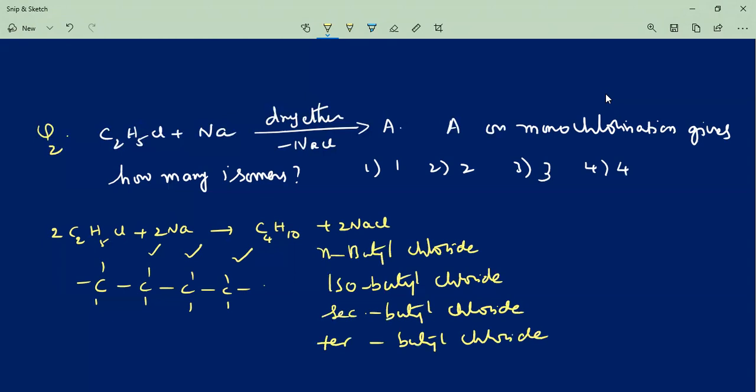So there are 4 possibilities. 4 is the right answer for this question.